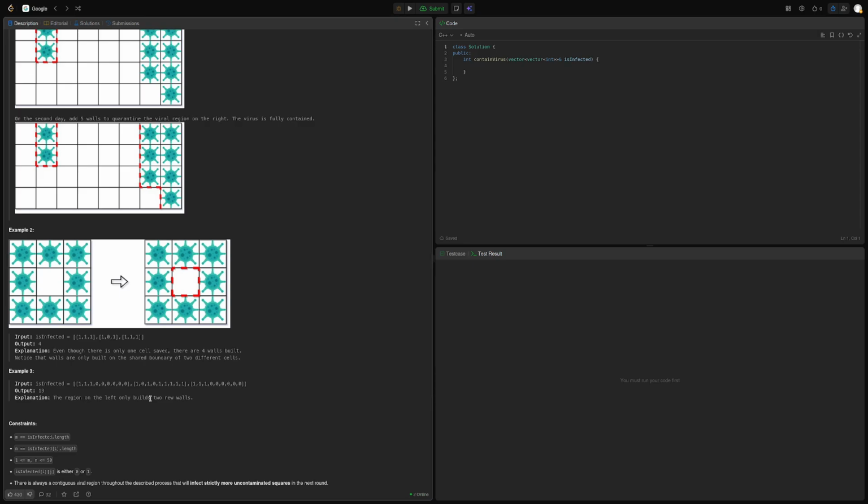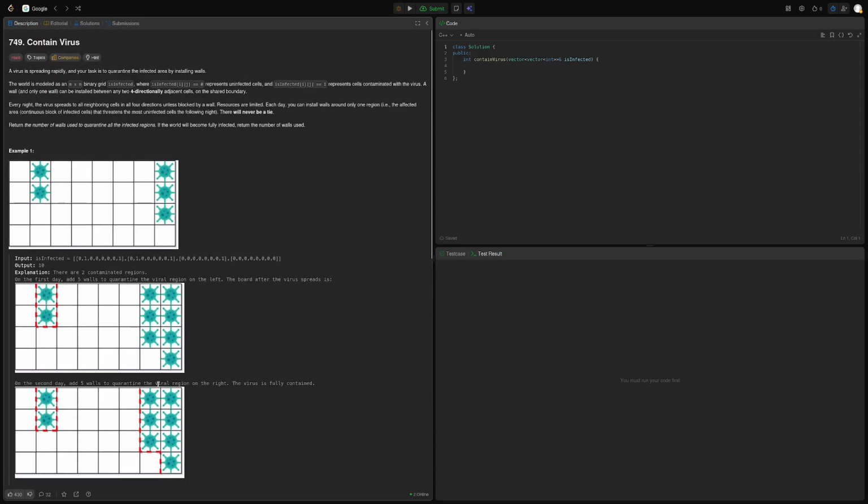What does that mean? That threatens the most uninfected cells the following night. Okay.